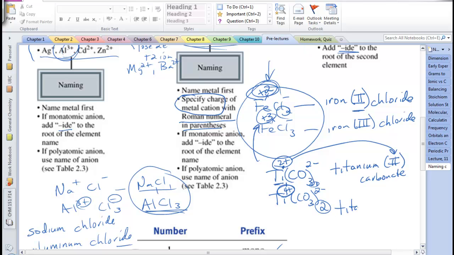This one is titanium(IV) carbonate, plus 4, Roman numeral 4. You see that that does not match the subscript of the anion. It's the cation charge that we're specifying. All right, that's all there is to naming compounds.